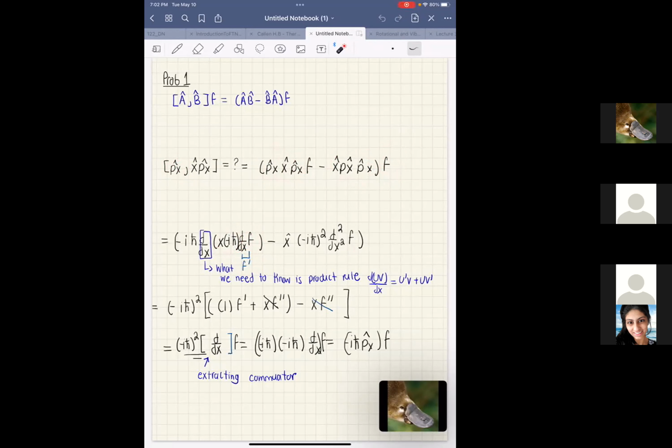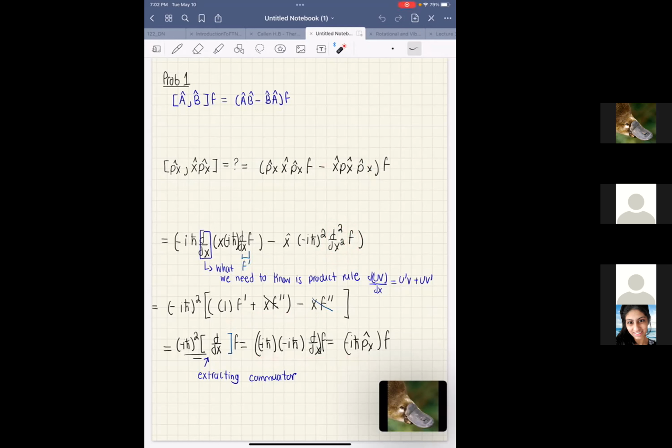Then you do the opposite, which would be this here, applying the second derivatives onto f. When you do that, you show up with this expression, and you just cross out the second derivative times x, and then you'll have this here.